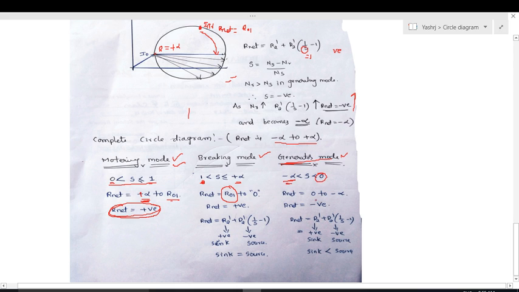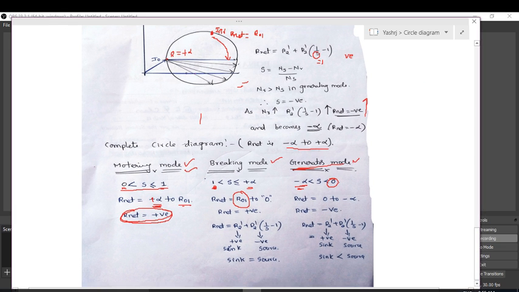So net resistance also changes from 0 to minus infinity. In this portion R net is equal to 0, and here R net is equal to minus infinity. So it changes from 0 to minus infinity. This is the sink of active power, and this is the source of active power.